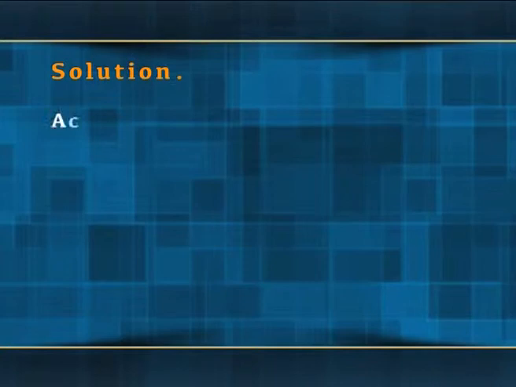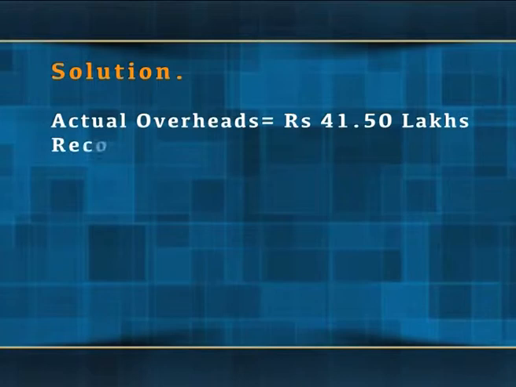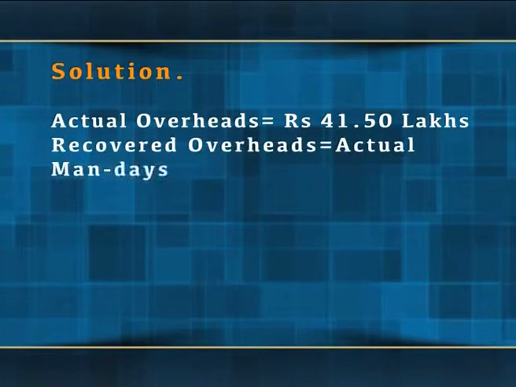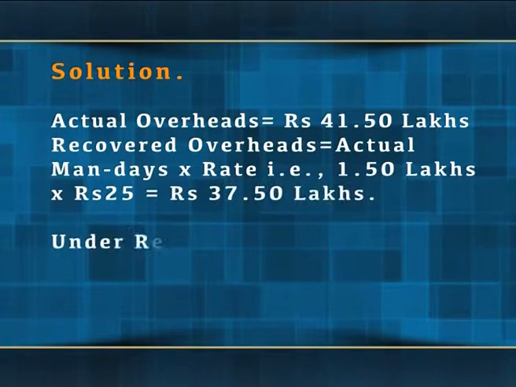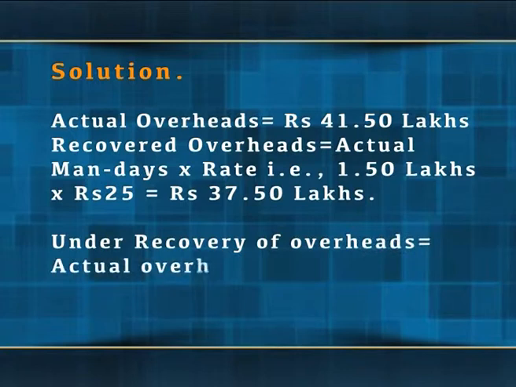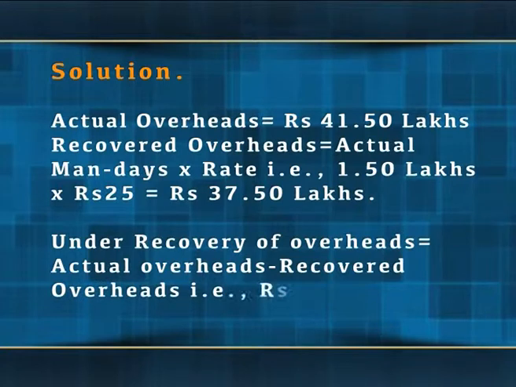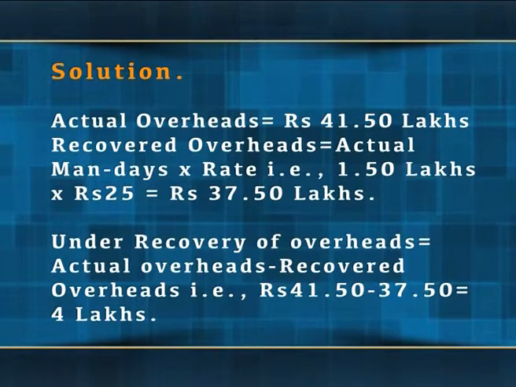The solution: actual overheads is equal to Rs 41.50 lakhs, recovered overheads is equal to actual man days into rate, that is 1.50 lakhs into Rs 25 is equal to Rs 37.50 lakhs. Under recovery of overheads is equal to actual overheads minus recovered overheads, that is Rs 41.50 minus 37.50 is equal to 4 lakhs.